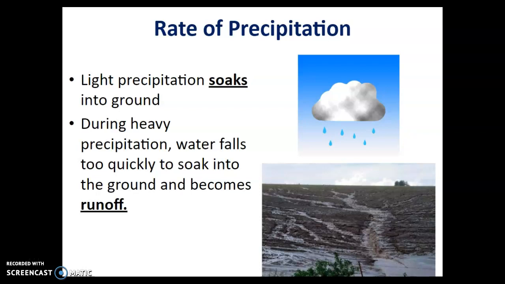On the other hand, if it starts raining very, very heavily, those water droplets kind of like bounce off the surface of the earth and they will accumulate together to form runoff. So less precipitation or lighter precipitation equals groundwater, and heavy, intense precipitation means runoff and surface water.